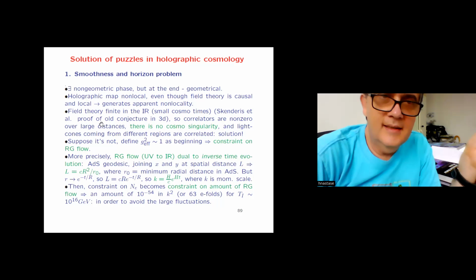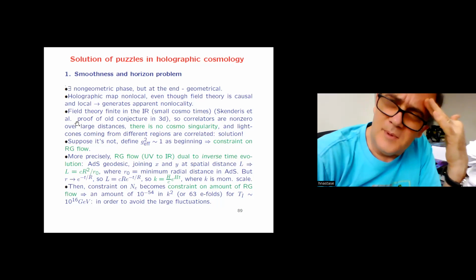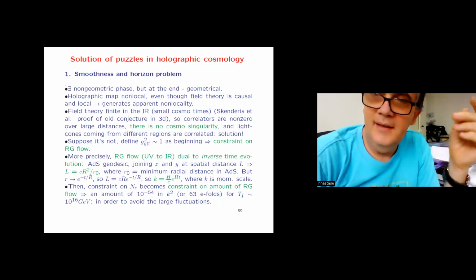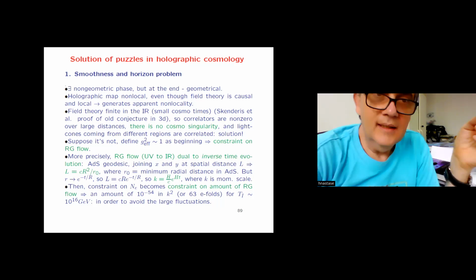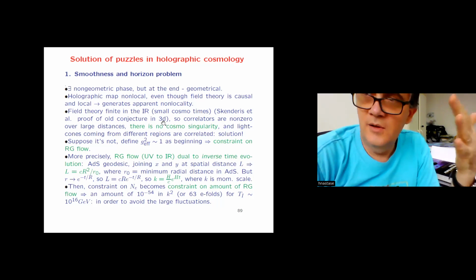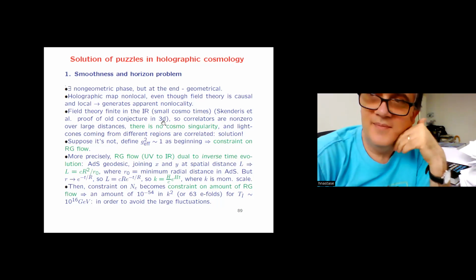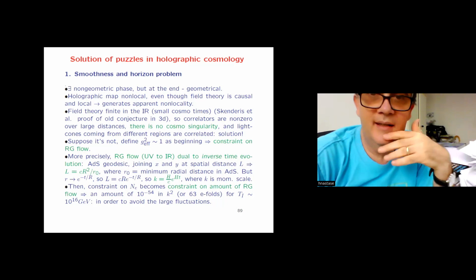Skenderis et al. proved, maybe last year, I think, an old conjecture about the finiteness of these three-dimensional quantum field theories that we're talking about, so the absence of infrared divergences, infrared finiteness.